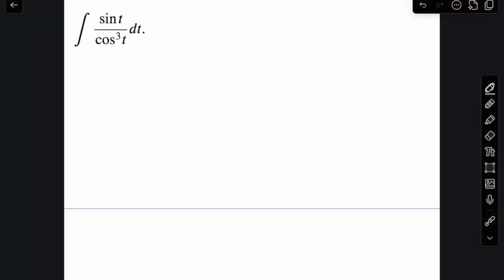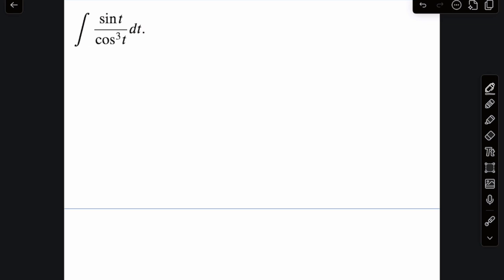Now we have this question. Okay, we've got the integral of sine t over cos to the power 3t. So how does one go about approaching questions like this? Well, a good way to approach questions like this is to say, well, we've got here sine t over cos to the power 3t.